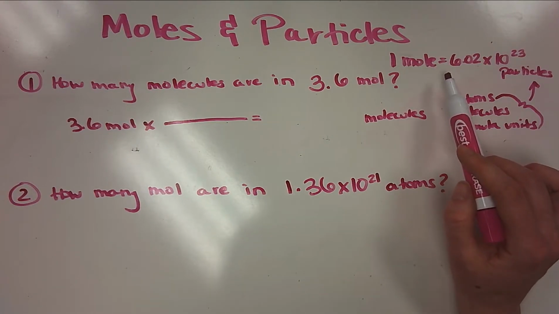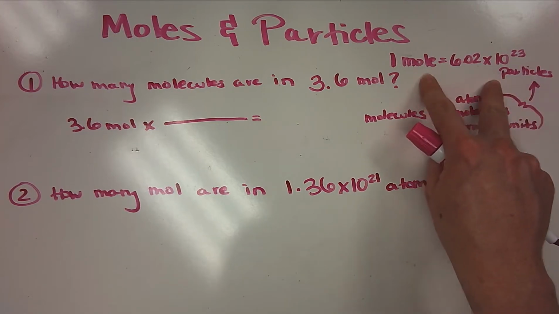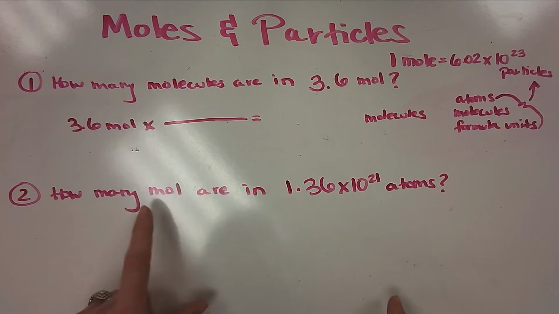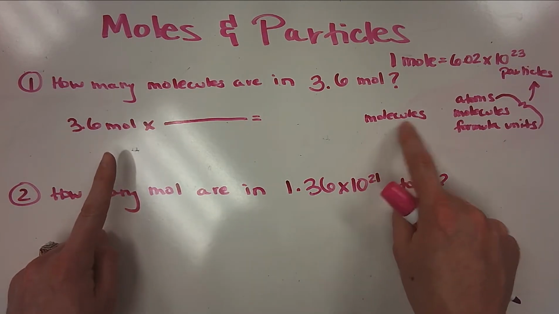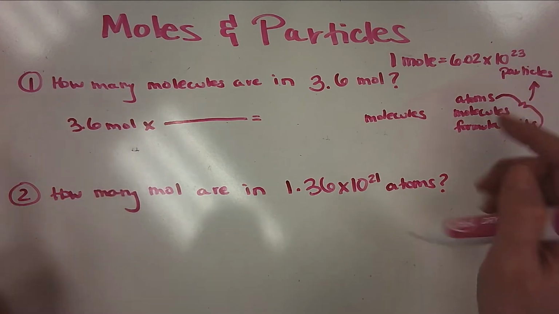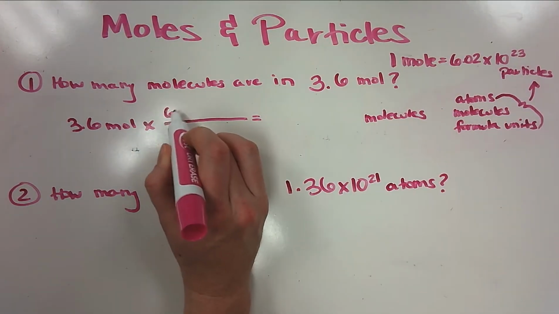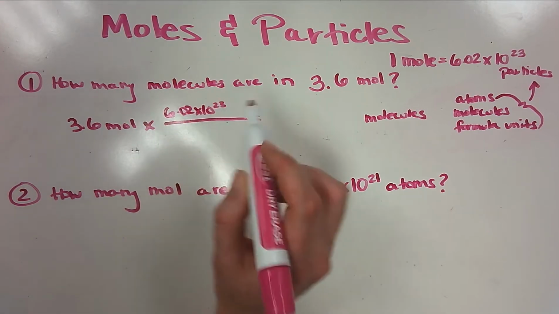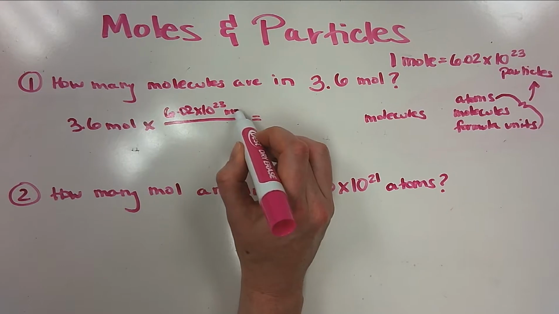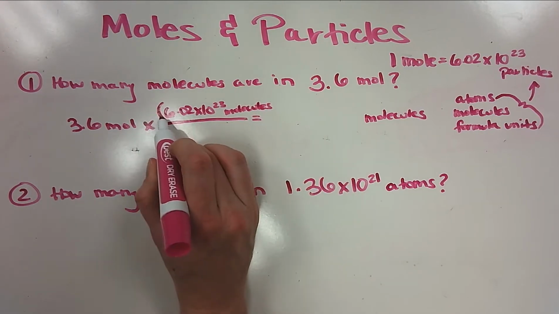So one way that we did this was we put the side of the conversion factor that we wanted on top. So I'm asked to solve for molecules. Well, a molecule is a type of particle, so I'm going to put this half on top. So 6.02 times 10 to the 23rd, and we'll even change it to molecules.